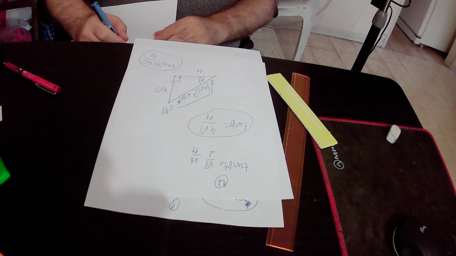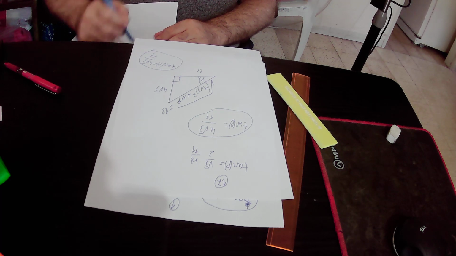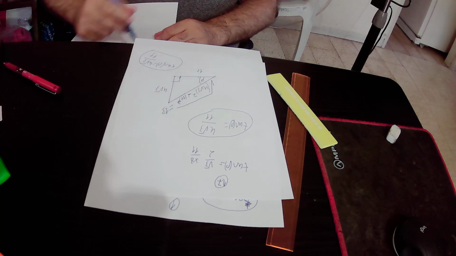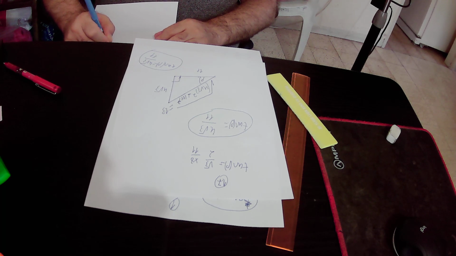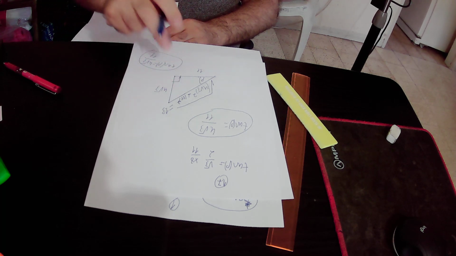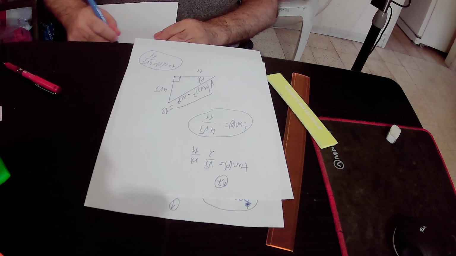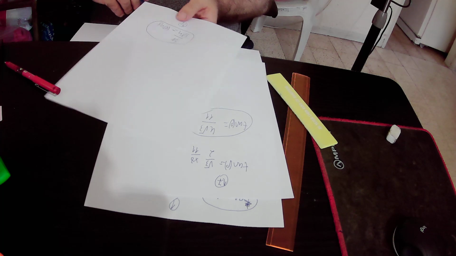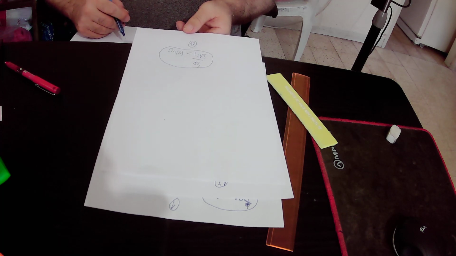So here sine P will be equal to the side that is in front of angle P, that is 4 times root 3, over the size of the hypotenuse, that is 13. So we found out that sine P equals 4 times root 3 over 13.